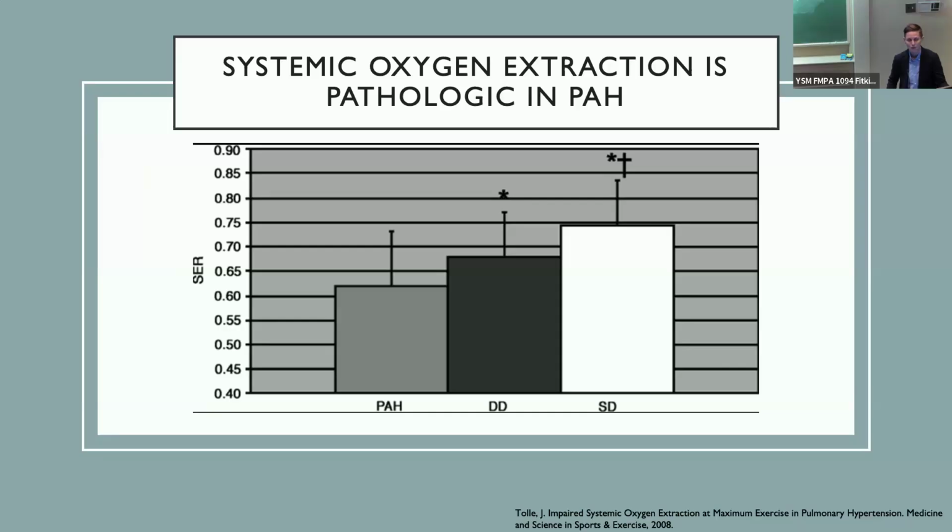These patients had very mild PH, and so their oxygen delivery was preserved, and they still had extraction issues. That was the main contributor to their impaired VO2. Very interesting. And maybe they had more of that early disease physiology or that exercise PH phenotype, where they had these systemic manifestations of disease, but they hadn't overtly manifested.